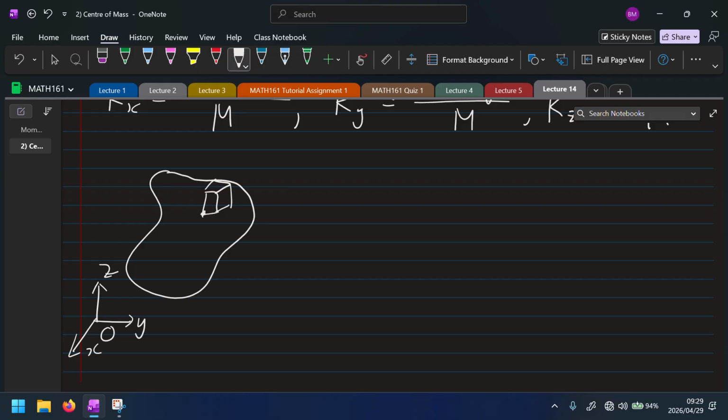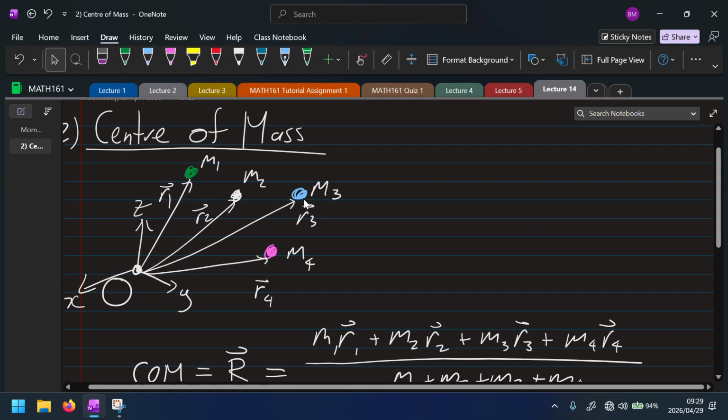I'm not going to repeat all of that. We covered that. So that's rho of x, y, z, and there's going to be some vector going to that point. We want to do the same thing as we did before with this picture.